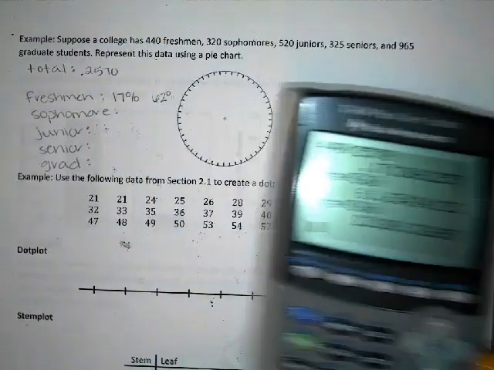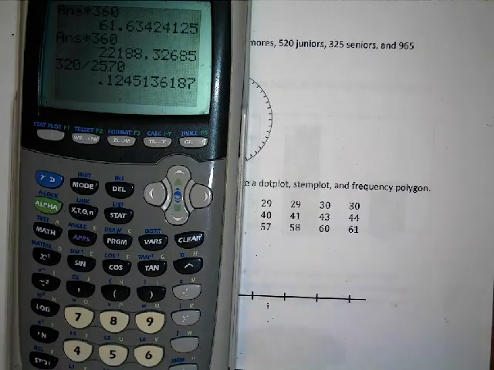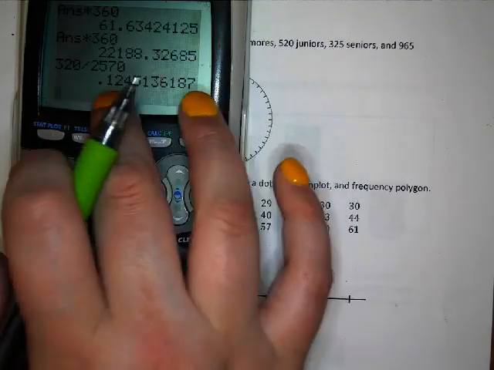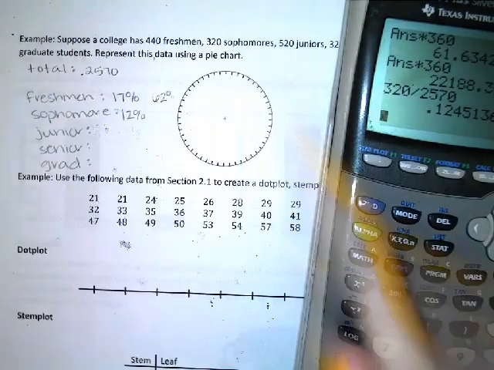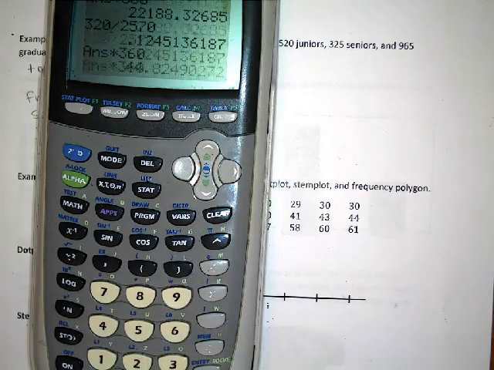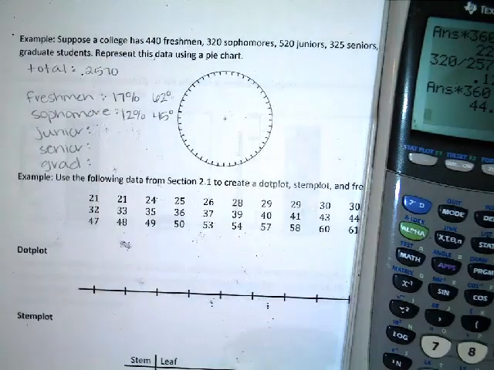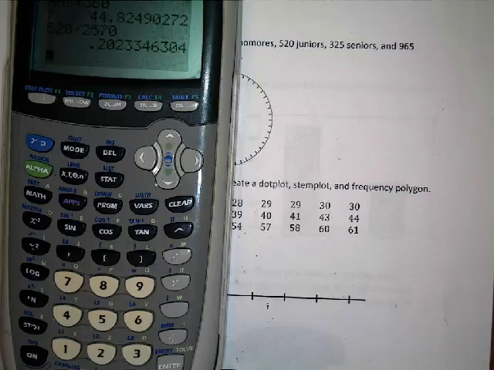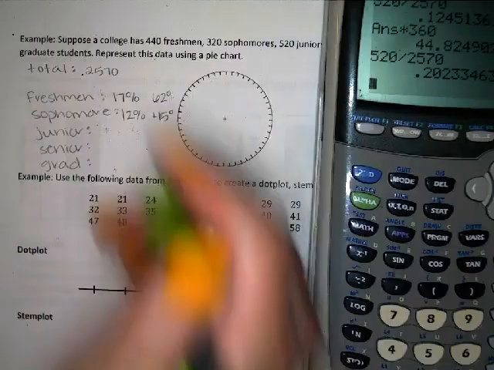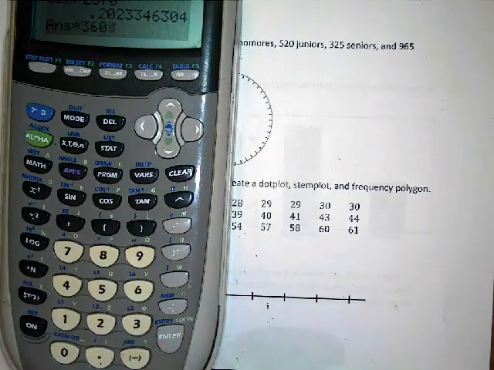Okay, sophomores, 320 divided by the total, 12.4, I'm going to say 12%. Which is about 45 degrees. Juniors, 520. 20.2%. 72, 73 degrees.